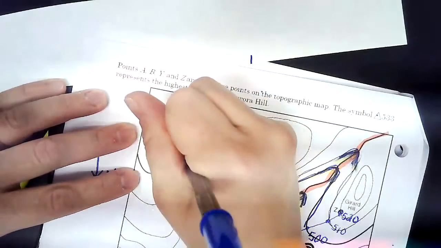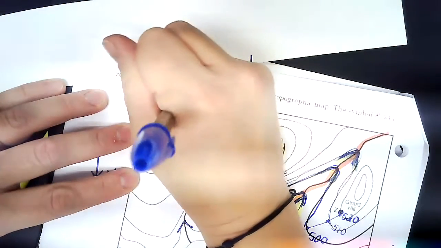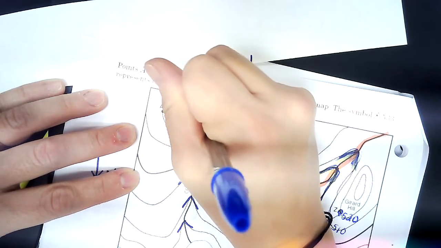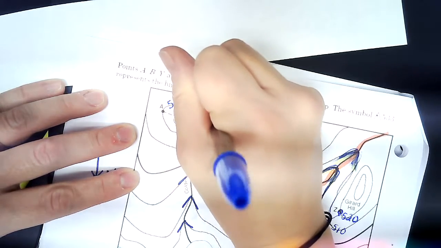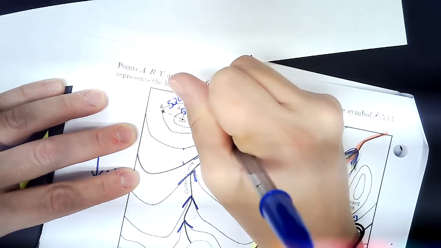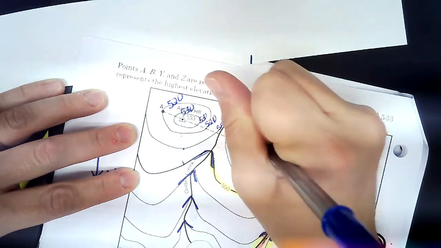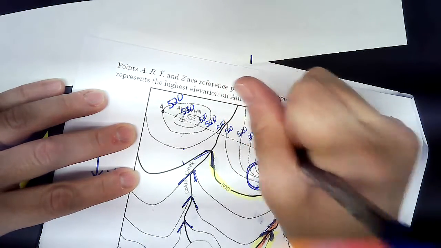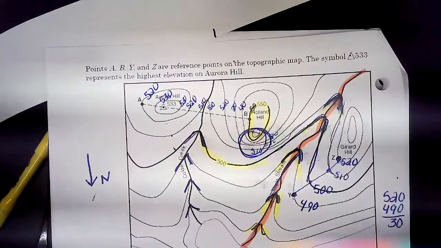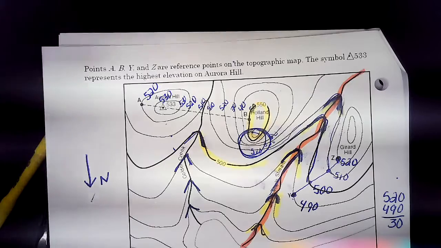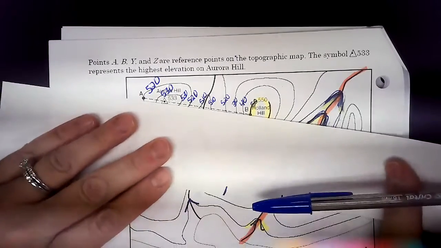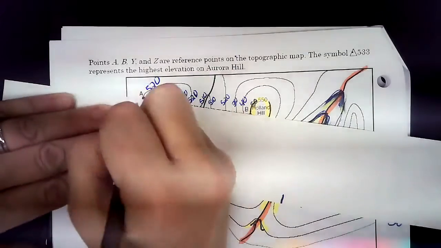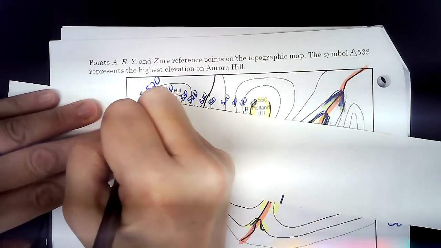If this is 500, this is 510, this is 520, this is 530, 530, and then 520 again, 510, 510, 20, 30, 40, and then 550. I highly recommend labeling those lines on the top like that. Do you have to? No, but it's going to make your life easier when you get to this part.